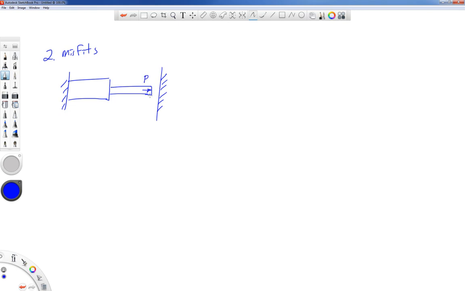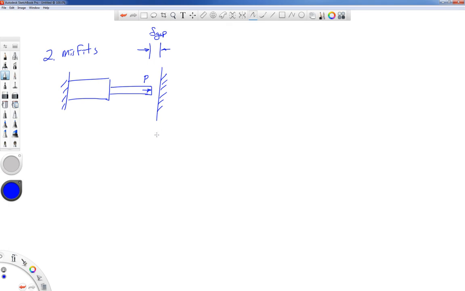We could also increase the temperature in addition. But I'm exaggerating this gap distance. It's fixed over on the left, and it doesn't quite touch the wall over on the right side. There is some small value for the gap. And so this is a misfit. Maybe it's supposed to touch the wall. Maybe we need to find out what force it takes so that it will touch the wall.